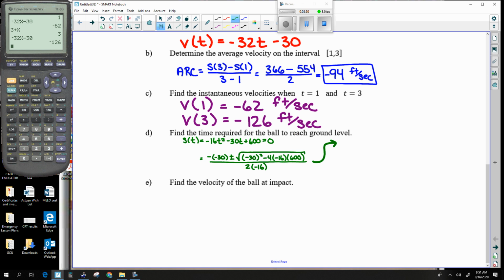So the outside is going to be 30 plus or minus, the inside is going to be negative 30 squared minus 4ac. So the inside is going to be 39,300, all over negative 32.